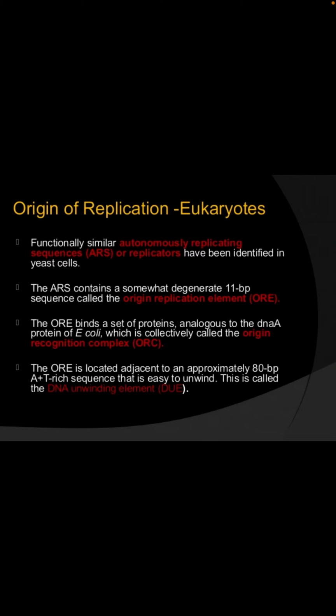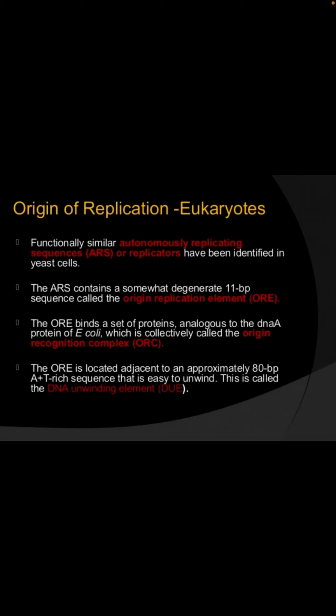This is how the origin of replication is identified, as well as the replication fork formed with the help of the DNA helicase enzyme. After the movement of helicases, there is the formation of the replication fork.